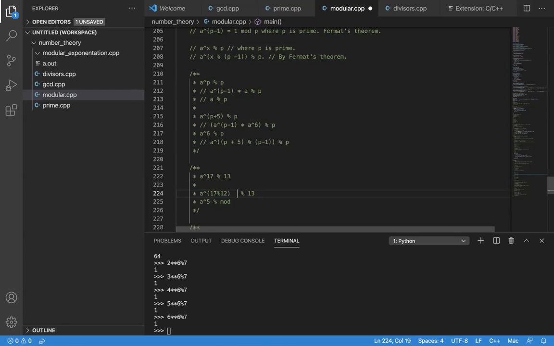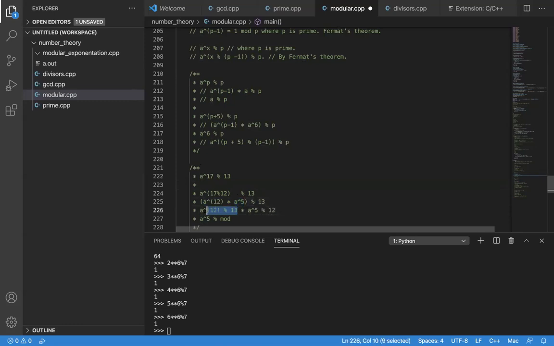Because a power 17 I can write as a power 12 times a power 5 mod 13. And this expression I can write as a power 12 modulo 13 times a power 5 modulo 13.